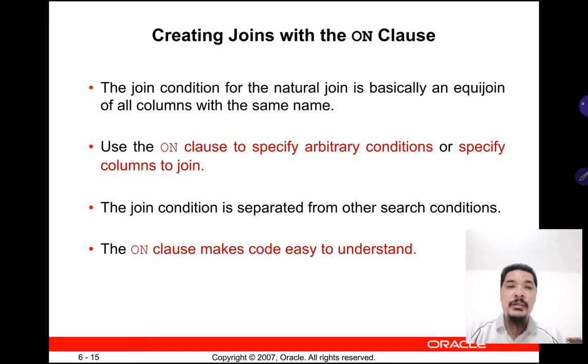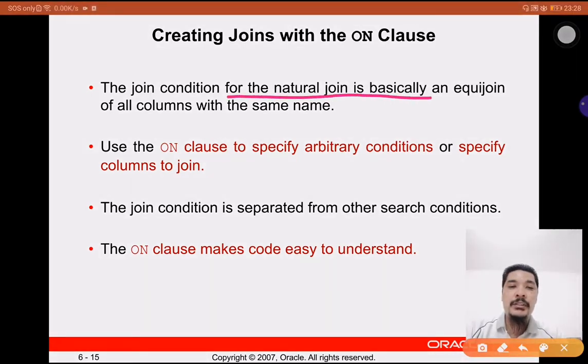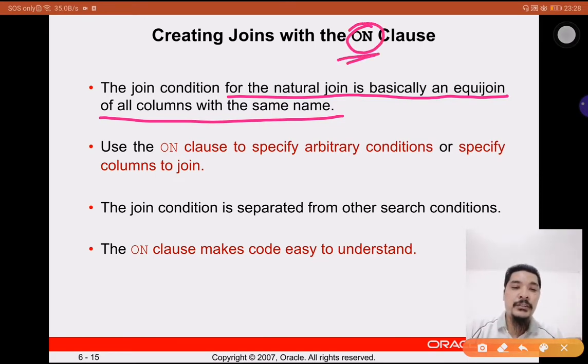Create joins with the on clause. Alright, the join condition for the natural join is basically an equijoin of all columns with the same name. Another one is a join, but using the on clause. The first one is natural join, the second one is using, the third one is on clause.